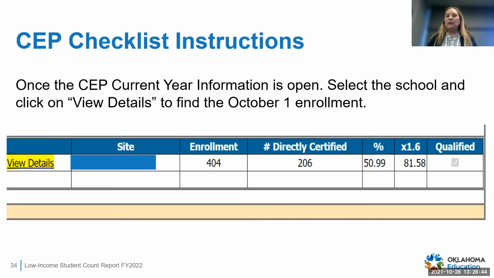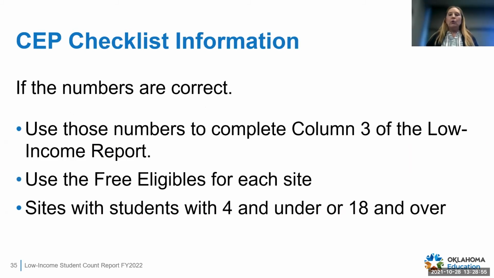You're going to go to view details, just like we did for provision 2 and 3. It's going to show a 0 on your enrollment until we get that information from accreditation and put it in there. And that has to be certified by your authorized representative as well.